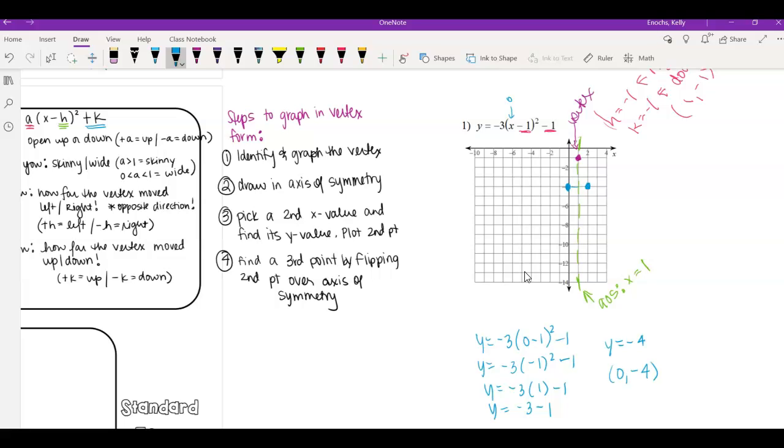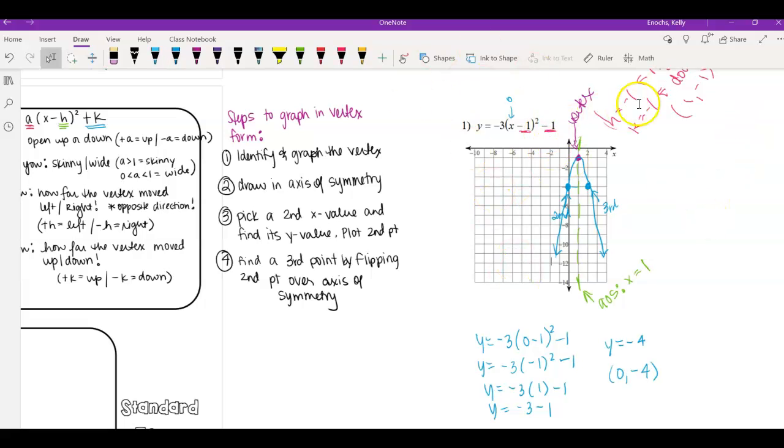See that nice symmetric, kind of like eyeballs for our parabola. So I graphed my second point here, and then I use that line of symmetry to help reflect it, and that's my third point. And then that's all the points you need to draw your parabola. So you have your vertex, that second point you picked, and then that third point that you reflected over, or flipped over, that green line.